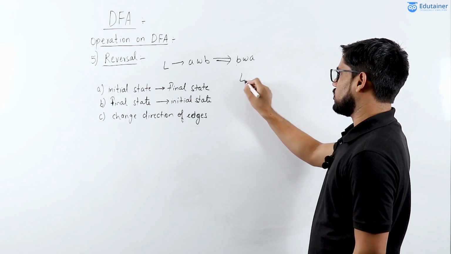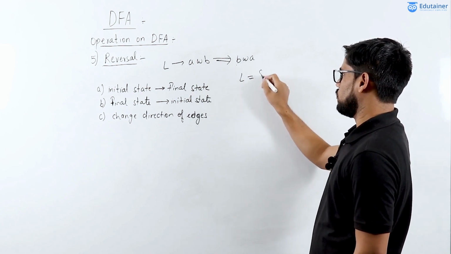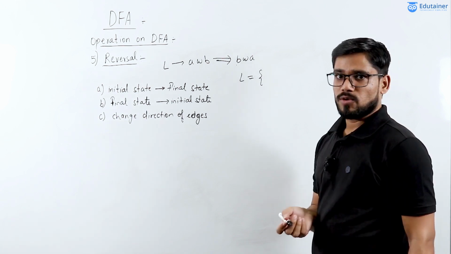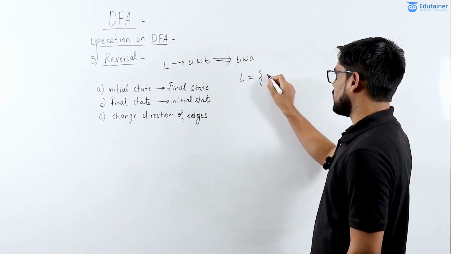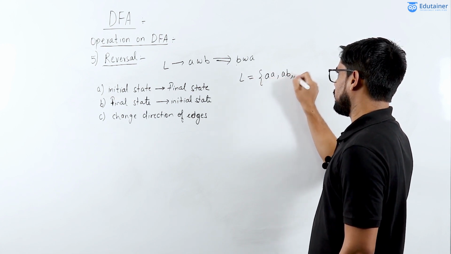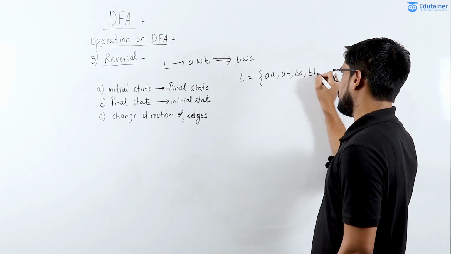Let's say I have a language which has length exactly 2, and here the input alphabet is small a comma small b. So the strings present in the language will be AA, AB, BA and BB.